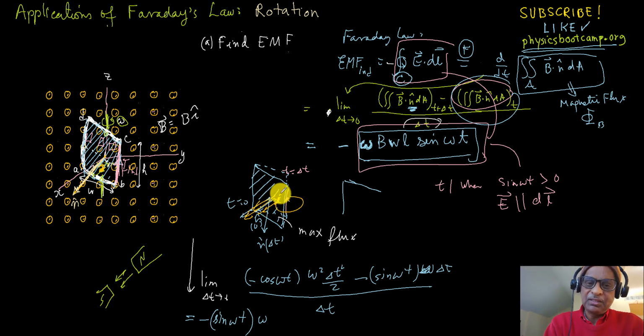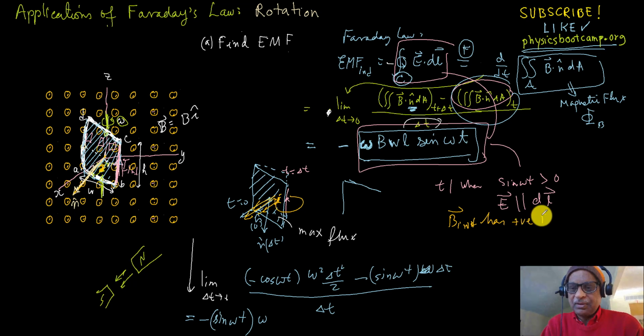So that means this flux was decreasing, and it is trying to restore the value. So this is B induced. B induced has a positive B induced X, since the original B has positive BX. So they add to each other.